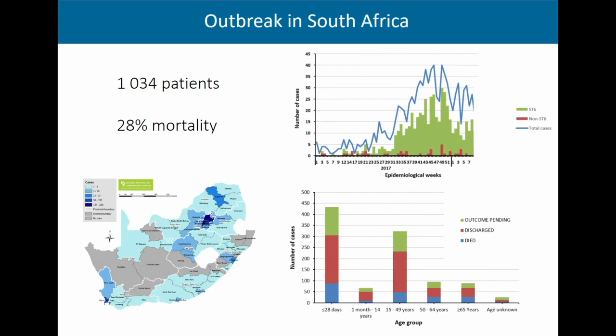Indeed, recently, and this is still ongoing, there has been an outbreak in South Africa with a huge number of patients. That's actually the larger outbreak so far, more than 1,000 patients, a very high mortality, 28%. All the country is implicated.